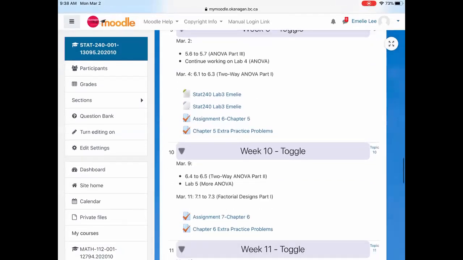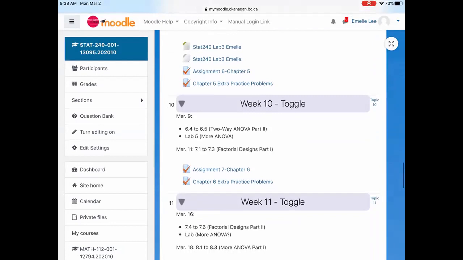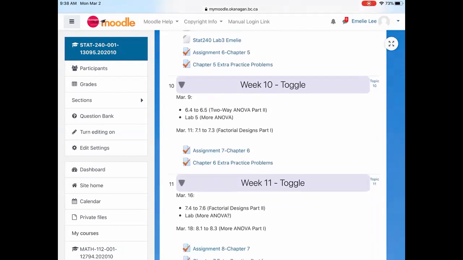This weekend I also marked your labs. It's tough because you're my 4th course, so I've got my normal amount of marking to do, and then I have to do you guys. I posted all the rest of your assignments.